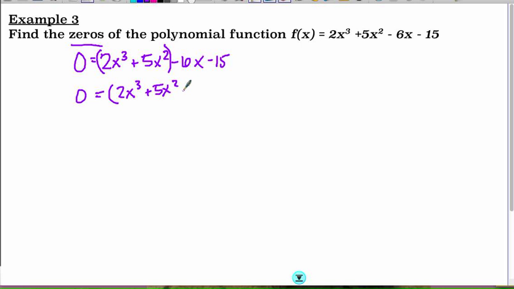This one, though, if I factored out a negative, then that means I could have 6x plus 15. Distributing that would get me what I had before. Now I've got the plus sign in between both of them, so I can start to factor things out. Here, the only thing that we have in common is our x squared.